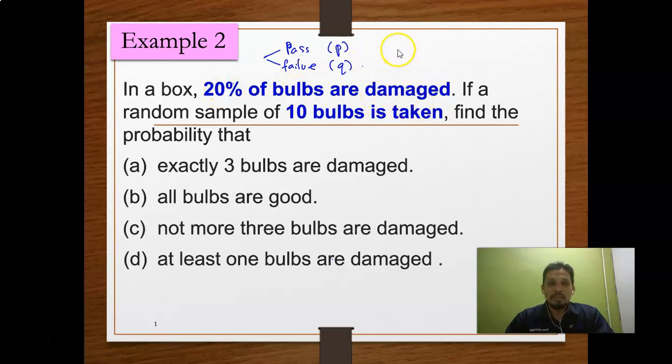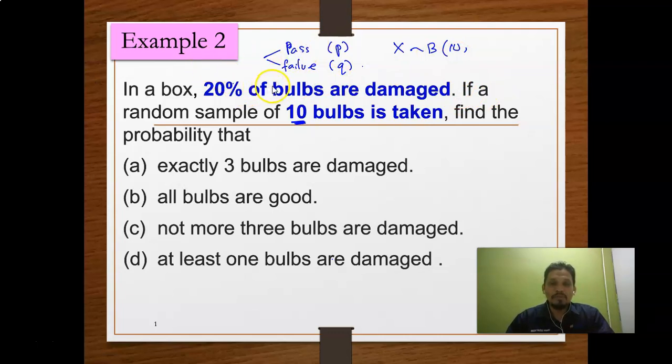So we write down X is binomially distributed with n number of trials, 10 bulbs taken, but 10 not 80%.